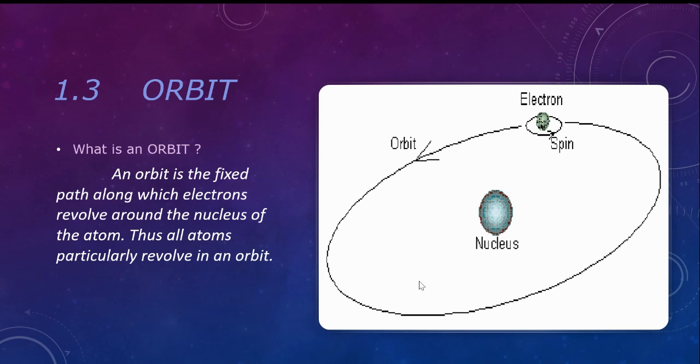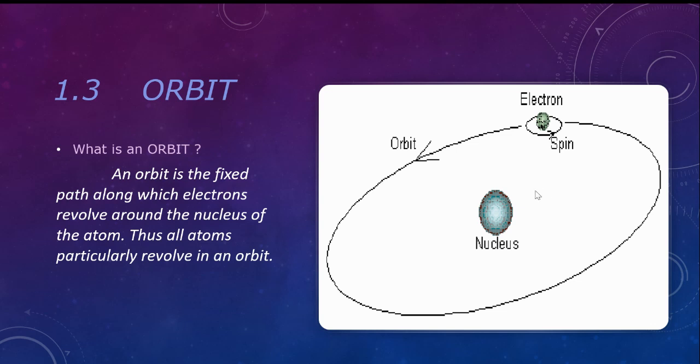Now we will move to the next topic, that is orbit. So what is an orbit? As we know from the Bohr theory, say this is the nucleus, and an orbit is the concentric ring around the nucleus where the electrons will revolve.